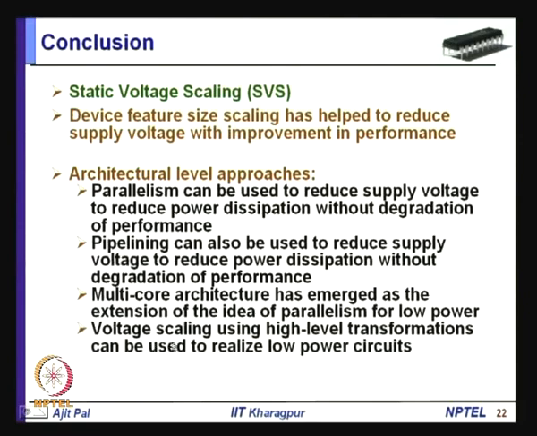And also we have discussed voltage scaling using high level transformation that can be used to realize lower power, and how sizing can be done to reduce power. So, with this we have come to the end of today's lecture. In the next lecture we shall discuss other techniques like multi-level voltage scaling.